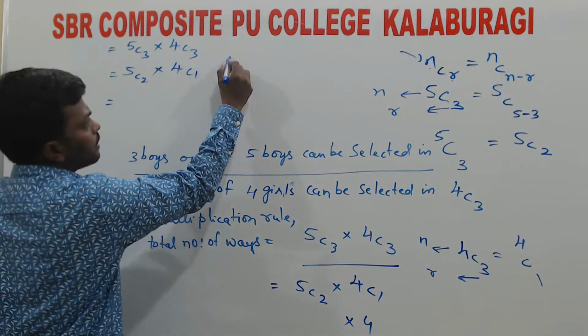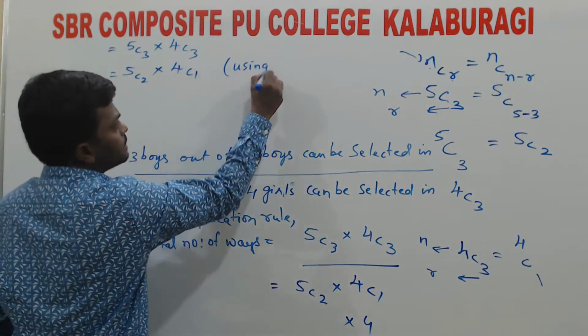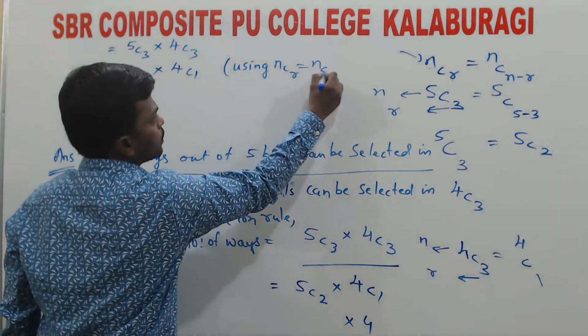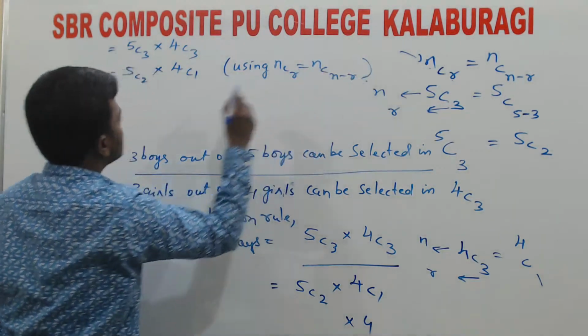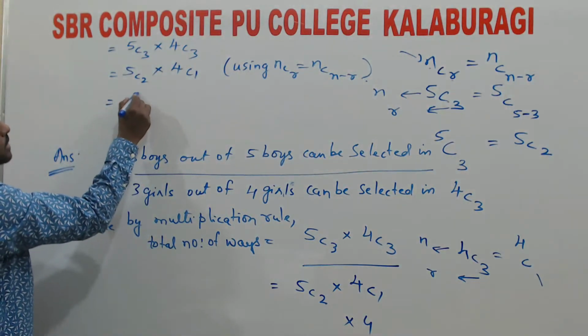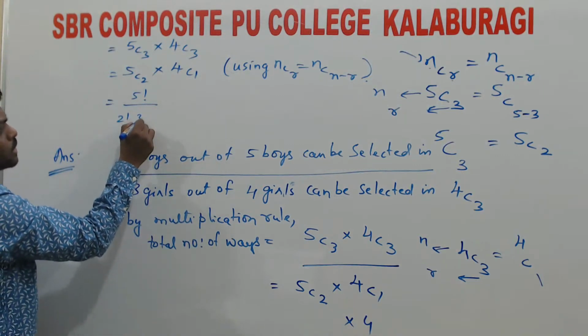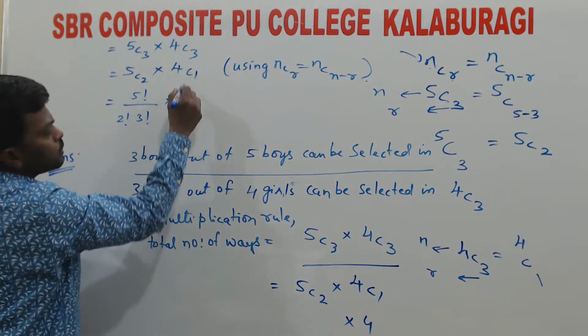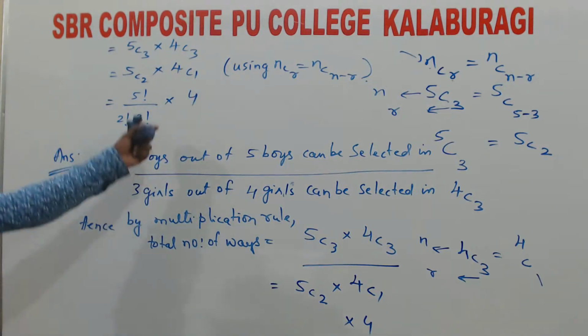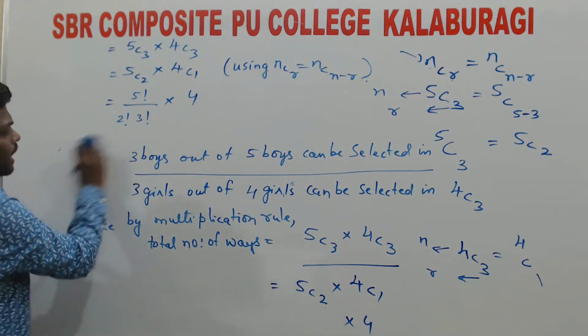So using nCr is equal to nC(n minus r), 5C2 is 5 factorial by 2 factorial, (5 minus 2) which is 3 factorial. 4C1 need not be simplified. We know nC1 is equal to n.